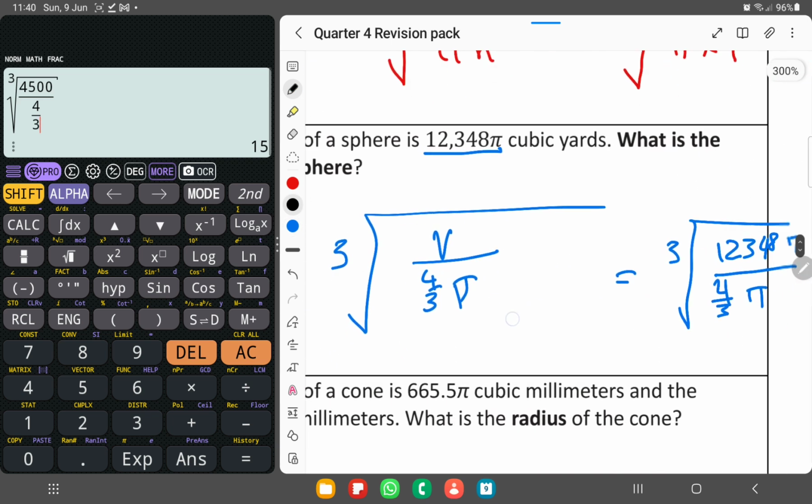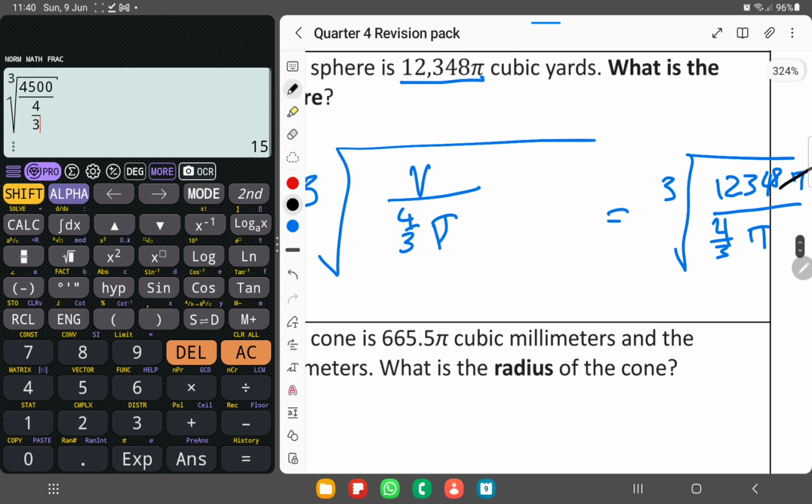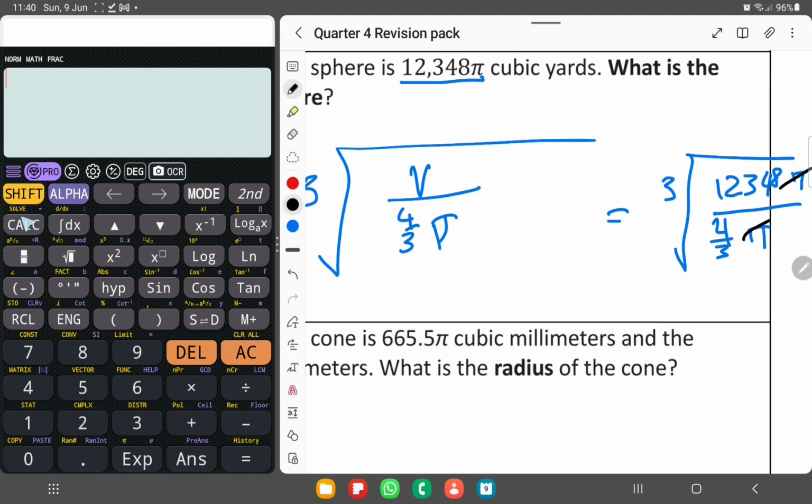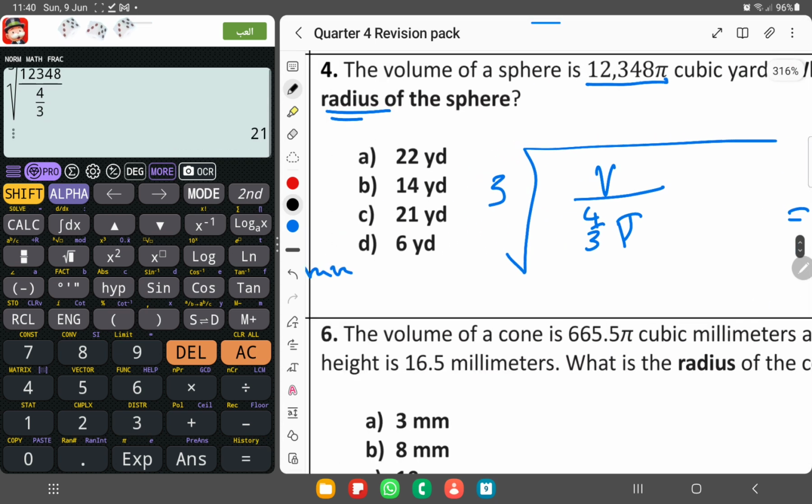What's going to happen here? We're going to cross out the pi together. So what do you have left? Cubic root of fraction 1, 2, 3, 4, 8 over 4 over 3. So now the answer is actually 21 yards. Amazing job.